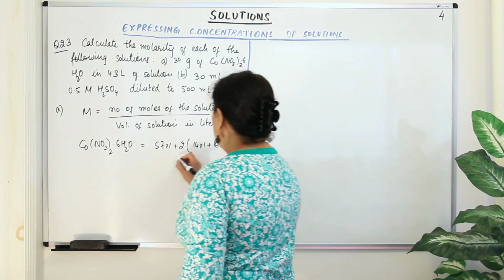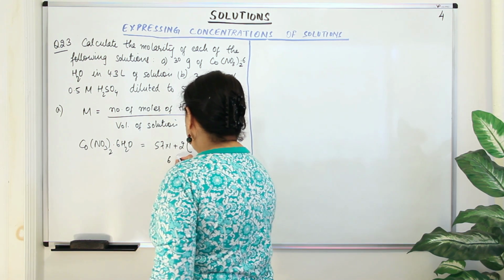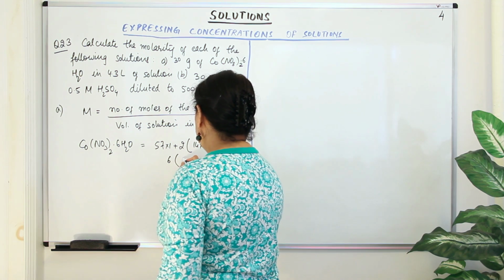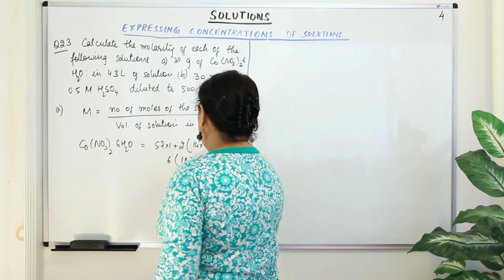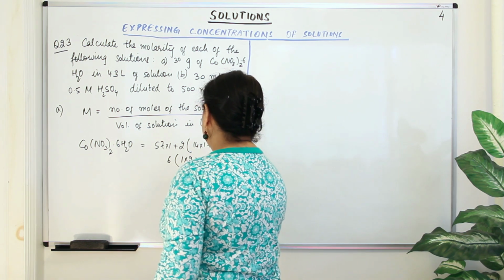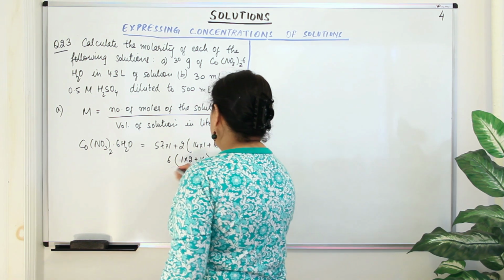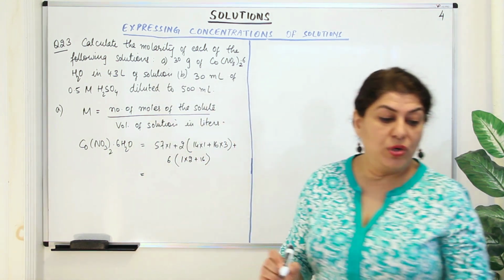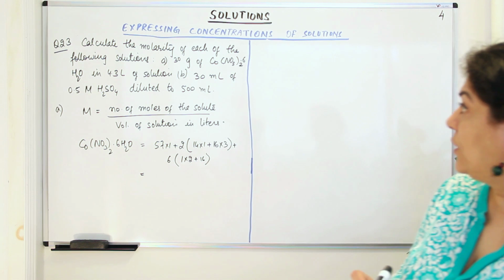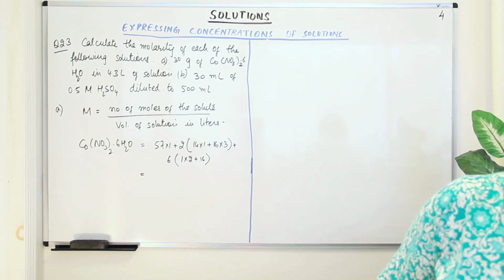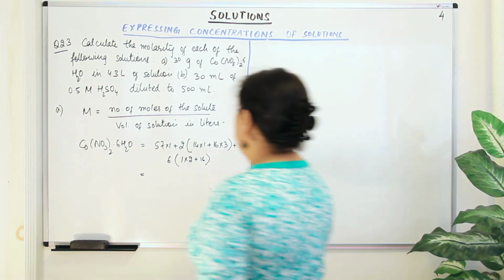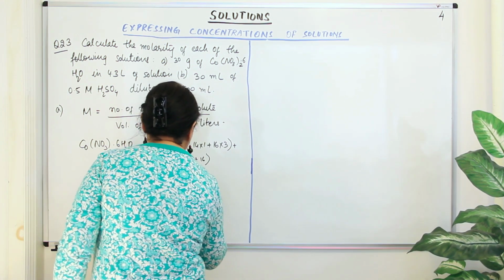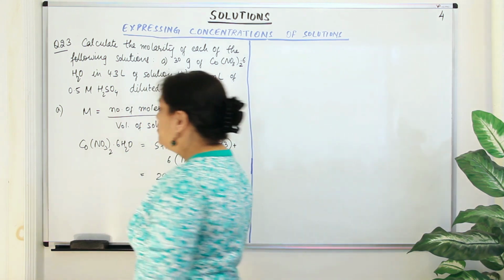So 6 into water, 2 atoms of hydrogen, and the mass of hydrogen is 1 into 2 plus oxygen is 16, that is 18 into 6. And when you solve all of this, the molar mass of cobalt nitrate hexahydrate comes out to be 291 grams per mole.